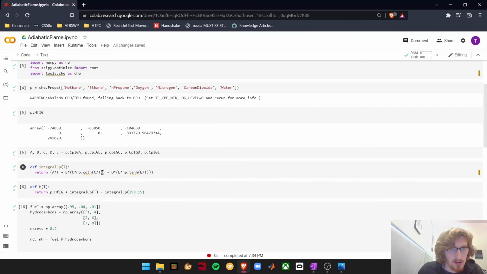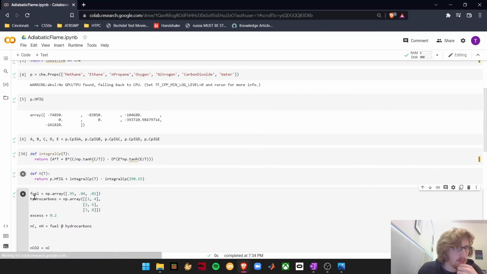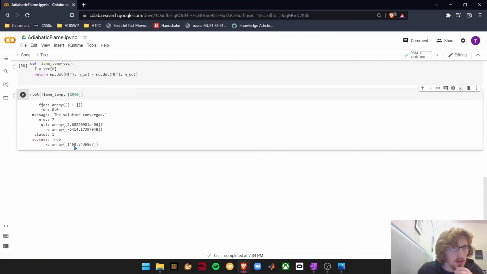Okay, so that might be the reason why. So let's try c divided by np tanh. And the reason is the hyperbolic cotangent is the same as 1 over the hyperbolic tangent. All right, there we go.